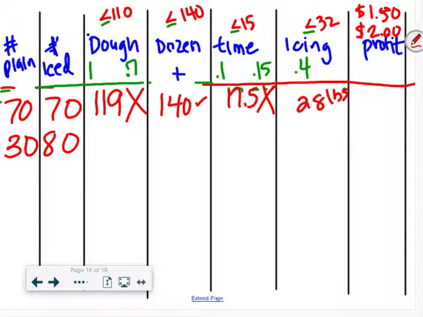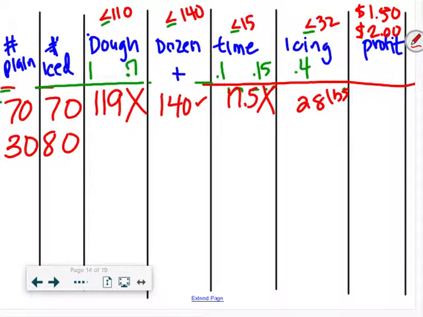Yes, and then have you found your profit yet? She's doing the 30 and 80. What do you want to pick? Go 70 plus 40.